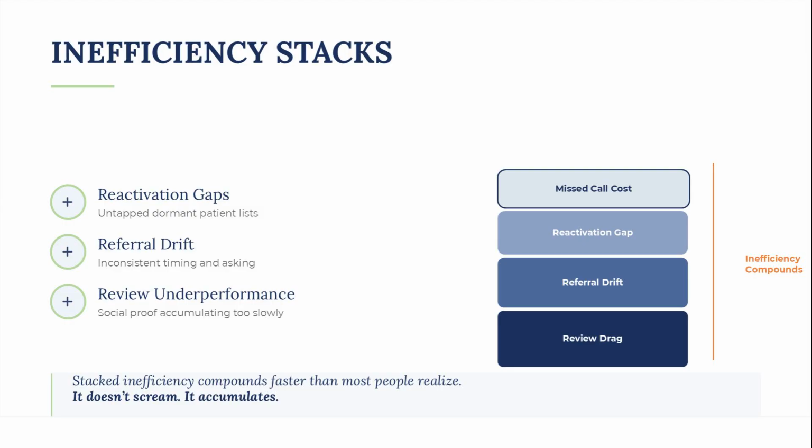It doesn't feel like one major problem. It feels manageable. But stacked inefficiency compounds faster than most practices realize. It doesn't announce itself. It accumulates. Across the same life cycle stages we mapped on day 2. And once you see that, the system becomes easier to diagnose, not because one gap matters most, but because together they create instability. And that's what stable practices work to remove.